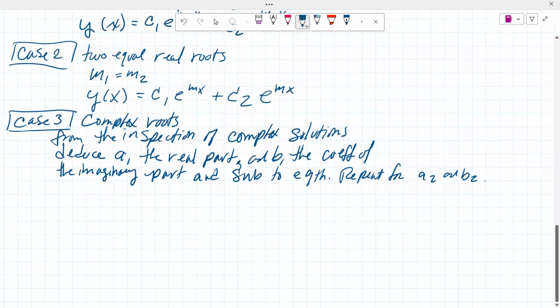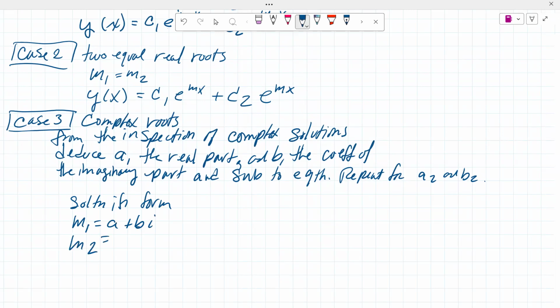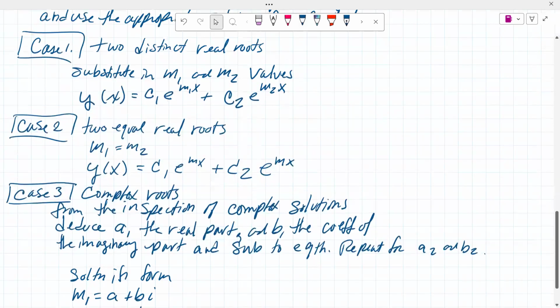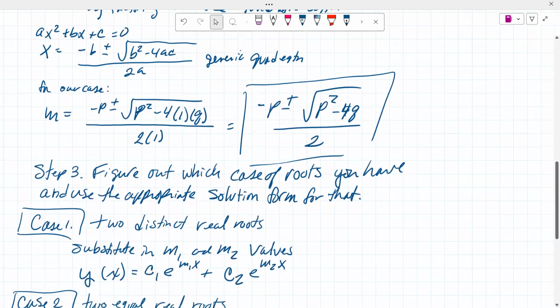Our solution is going to come out in the form M1 equals A plus BI, and M2 equals A minus BI. And this again came from that quadratic equation right here.